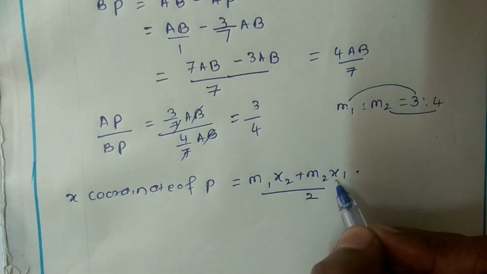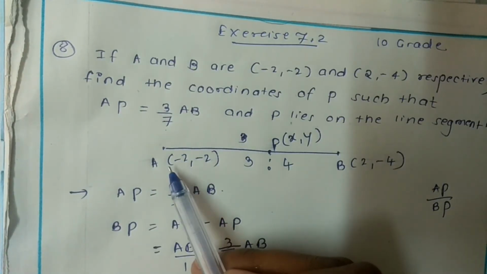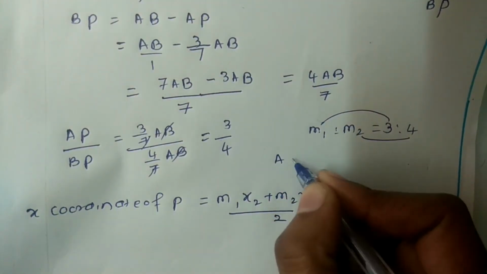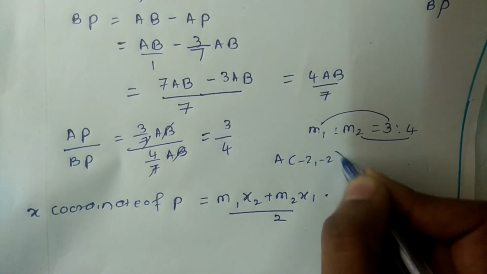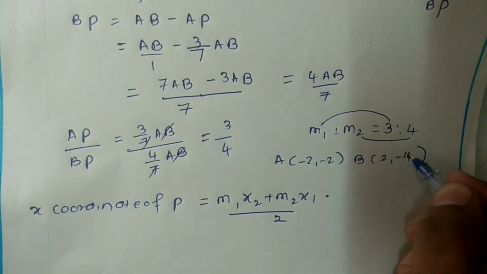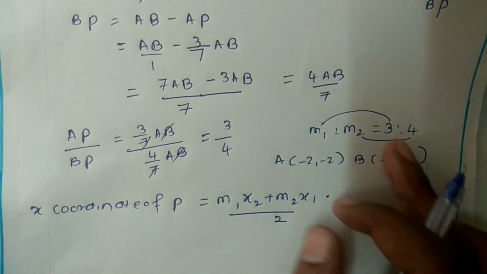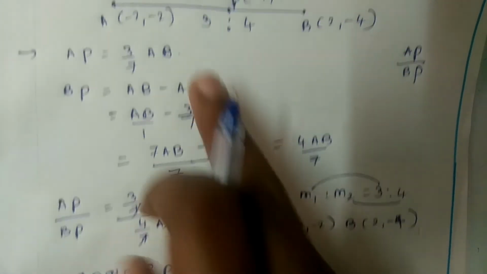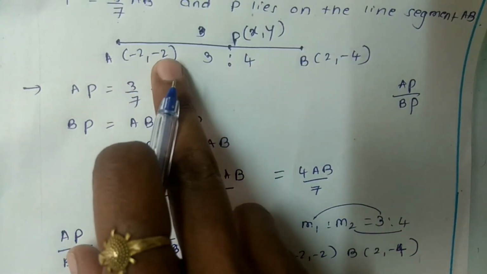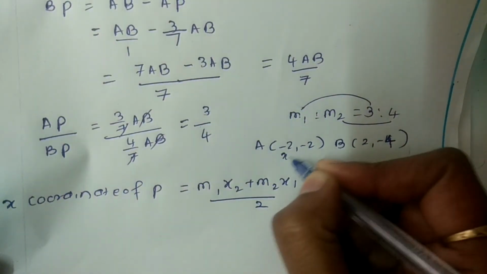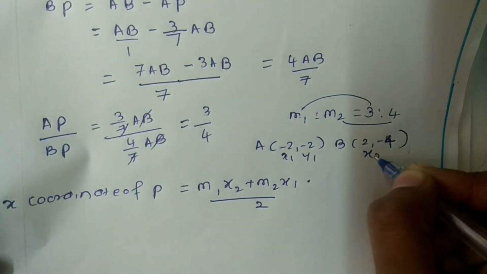Next x2 and x1 come from the end points of the line. Let us write A and B once again: A is minus 2 and B is 2 and minus 4. I have written it only to avoid confusion; otherwise you can get m1, m2 from the ratio and x1 y1 x2 y2 from the points. So we'll name A as x1 y1 and B as x2 y2, so it will be easy for calculation.